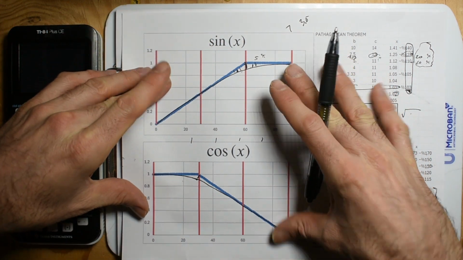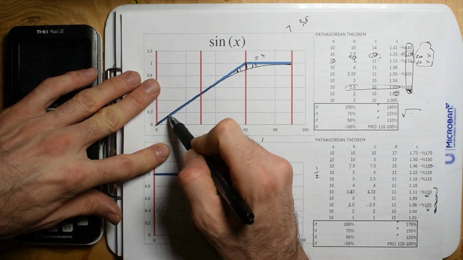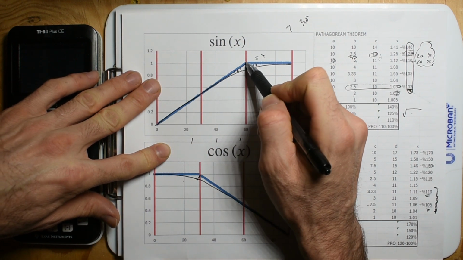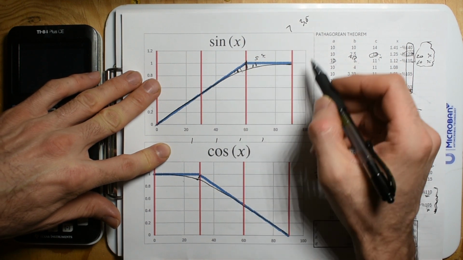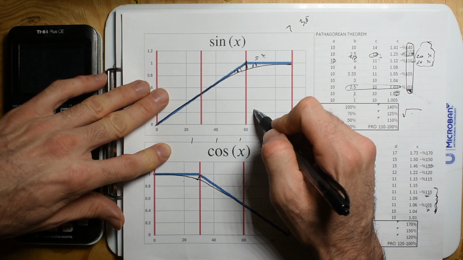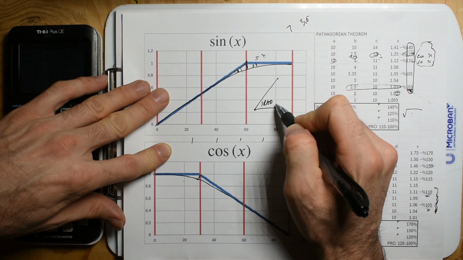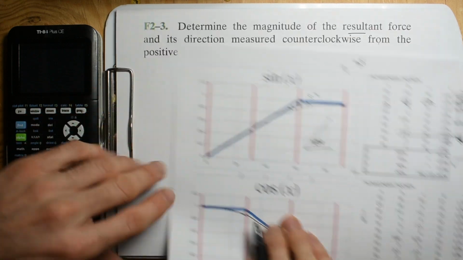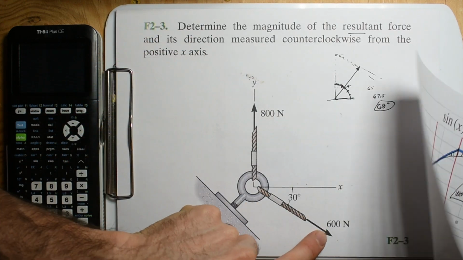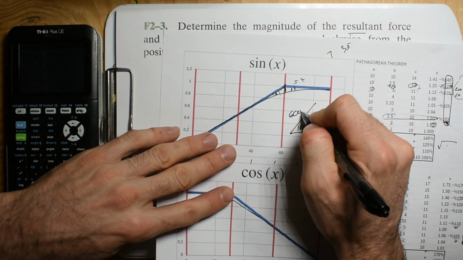Also for the approximations, we're going to say small angle all the way up to 60 degrees. So 1 radian, and the other way to think of that is if I have an angle of 60, it's really close to 1 radian. So if I have 1 radian here, let's say this is 600 newtons.